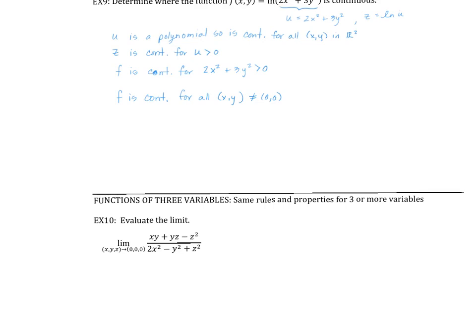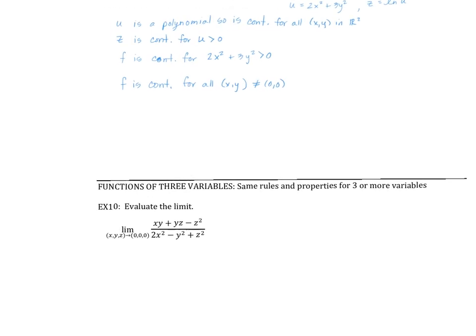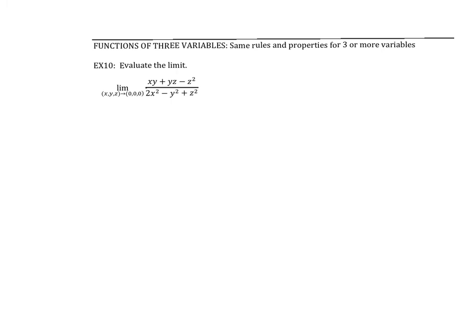So we talked about single variable functions. Now we're talking about functions of two variables. So z is our function, x and y are our variables. But it's possible mathematically to look at functions of three variables and even more. So if we're talking about functions of three variables, same rules and the same properties.